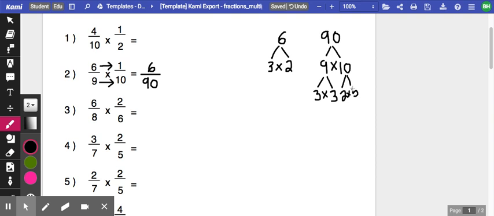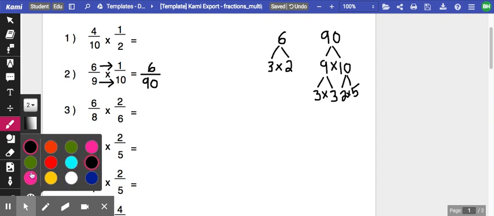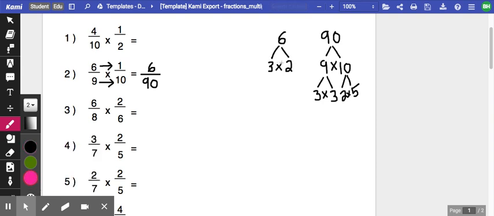Okay, and none of those numbers can be broken down any further, because the only thing that multiplies to give me 3s, 2s, or 5s is 1. 1 times 3, 1 times 2, 1 times 5. So those are all my prime numbers. To find the greatest common factor, I ask what prime factors they have in common. 6 has a 3, and 90 has a 3. 6 has a 2.